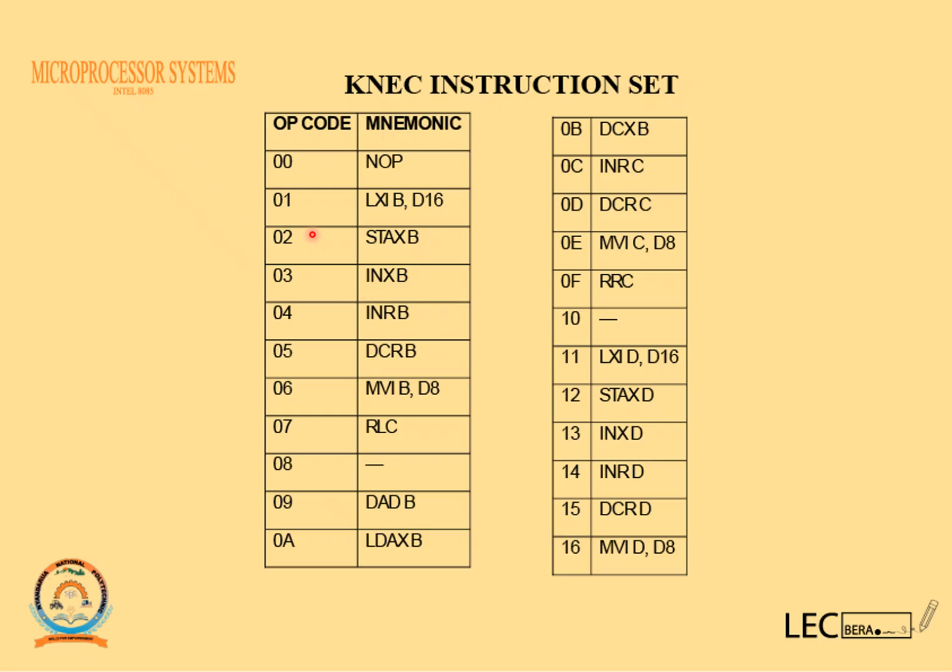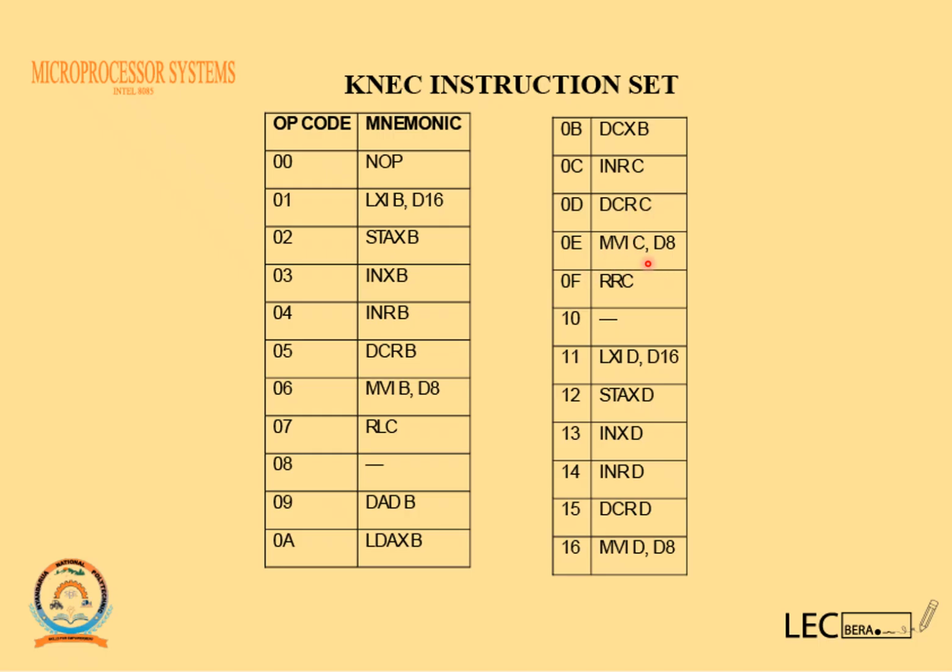Opcode is a hexadecimal number. So when the microprocessor fetches this instruction, it will interpret it by translating it to the opcode, which is equivalent to 02H, which is a hexadecimal number.